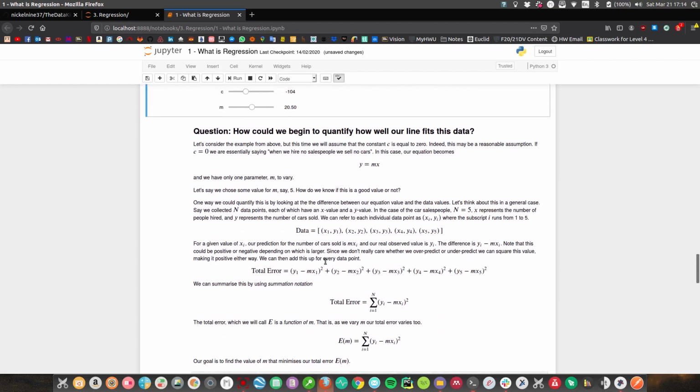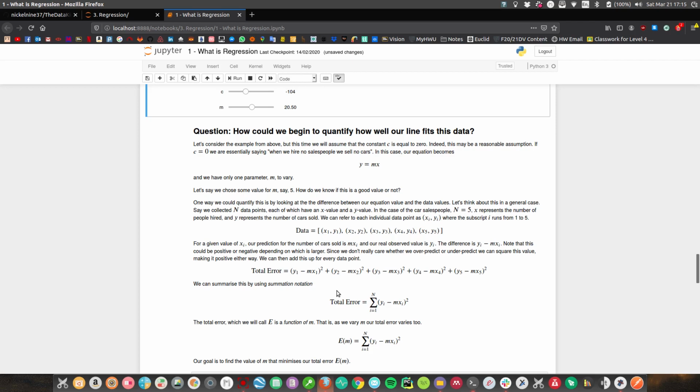So we're saying y1 minus m times x1, that difference, and we're taking that across all of our data points. We're summing up all of those differences, and also importantly, we're squaring them, right? You know what happens when you square a number? You square 5, you get 25. You square 6, you get 36. But importantly, if you square minus 5, you also get 25, right? A minus times a minus is a plus.